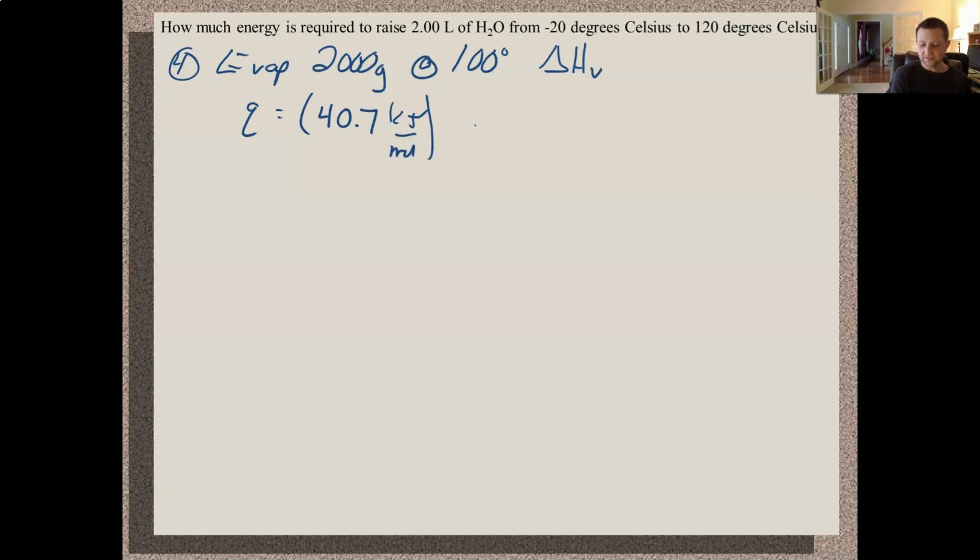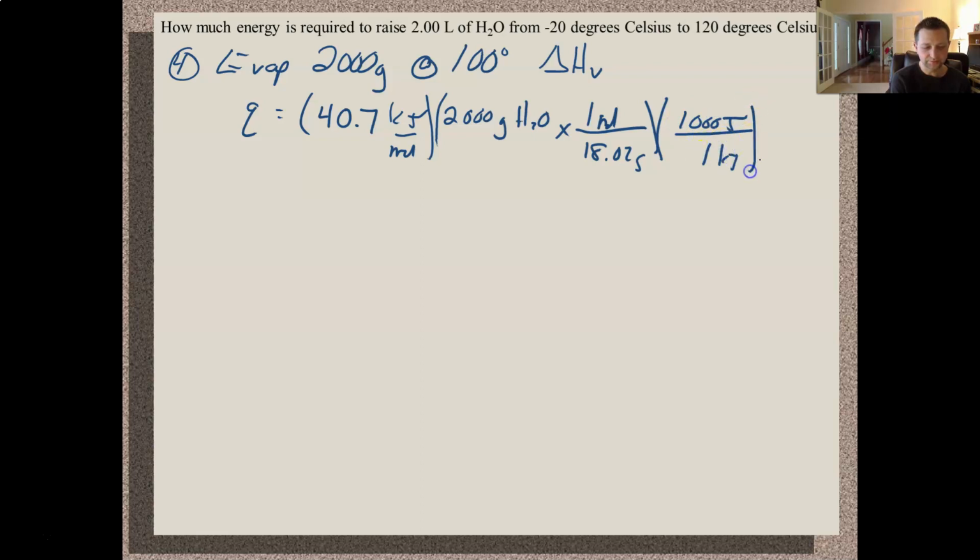All right, the rest of it's the same as step 2. We just have to cancel out moles and convert to joules. So we'll just do that same step here. We had, again, 2,000 grams of water. Cancel out grams, 18.02, go to moles, and then convert into joules. So 1,000 joules over 1 kilojoule. Kilojoules cancel, grams cancel, and moles cancel.